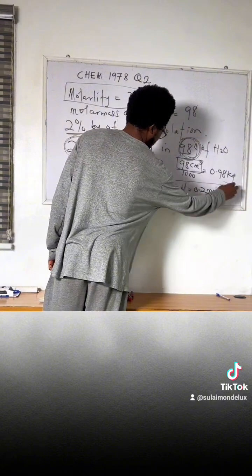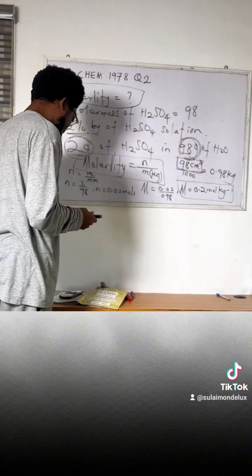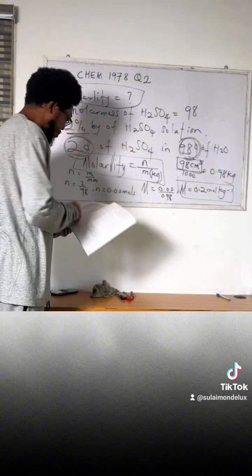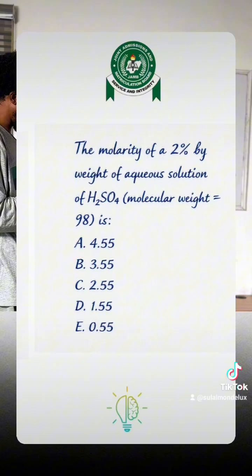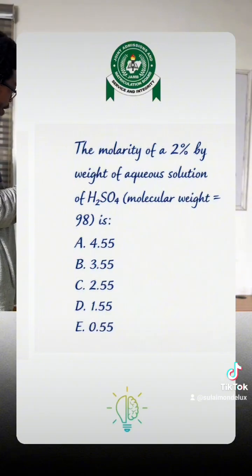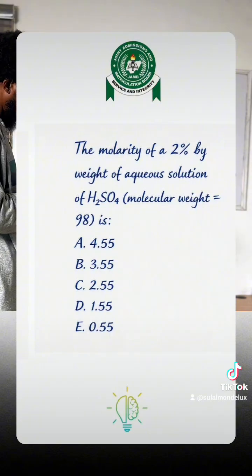Among the options that we have here, option A is 4.55, B 3.55, C 2.55, D 1.55, and E 0.55.